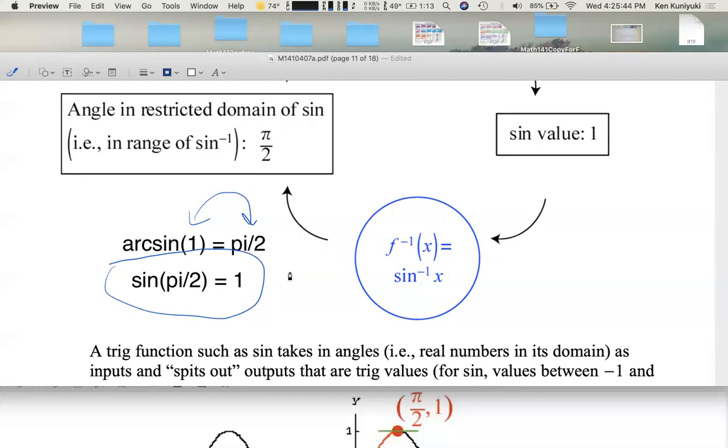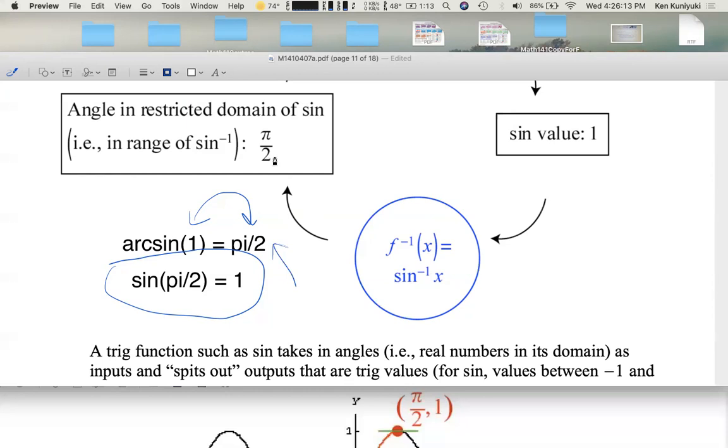But there is a second condition. We have to make sure that this angle that's being spit out is in fact in the range of the inverse sine, or arcsine function. Remember that any function is only allowed to output a value in its range. Well, the inverse sine, or arcsine of 1 is pi over 2 because pi over 2 is in the range of inverse sine.